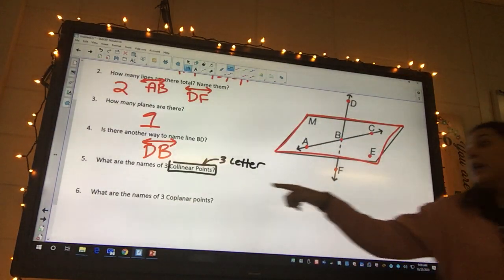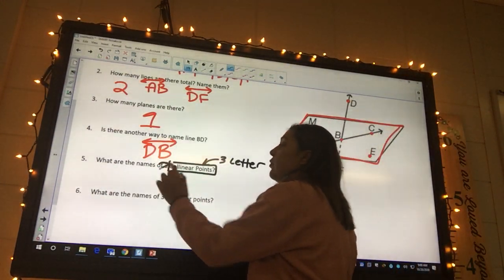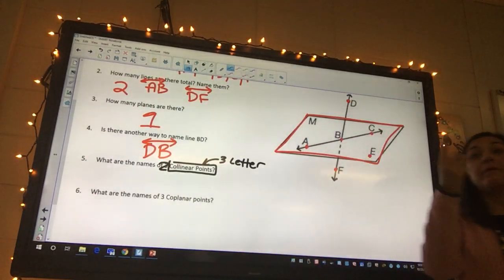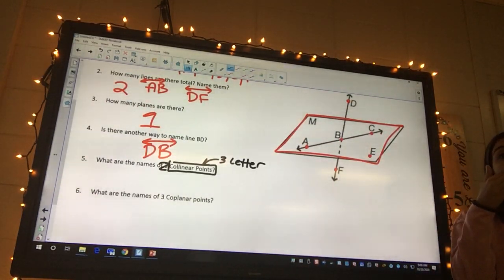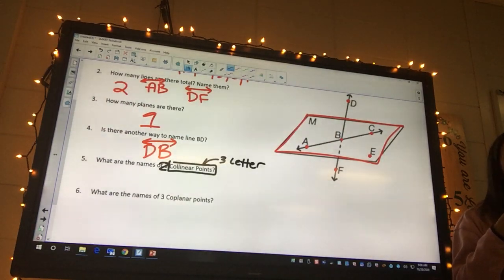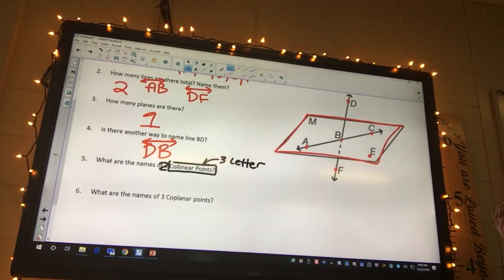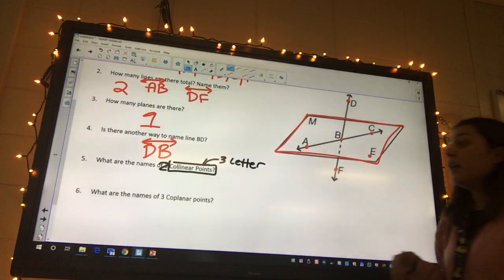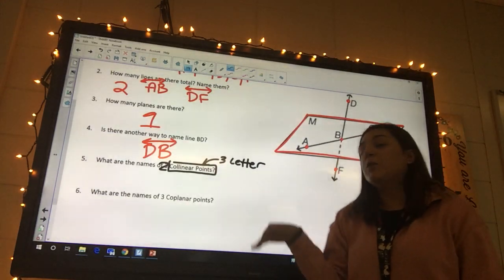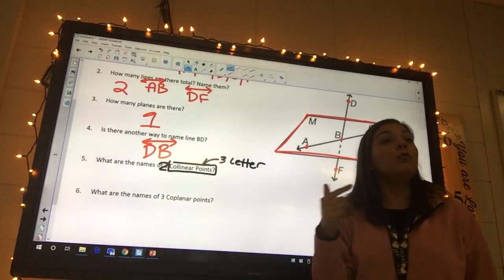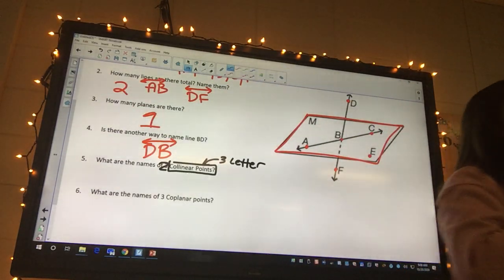If I name 2 collinear points, we would have 2 3-letter names, A, B, C, X, Y, Z. So make sure you're labeling these right, because when I changed it and I said 2 collinear points, some of you guys just wrote me AB, and that's not collinear. Collinear means 3 points that are on the same line.